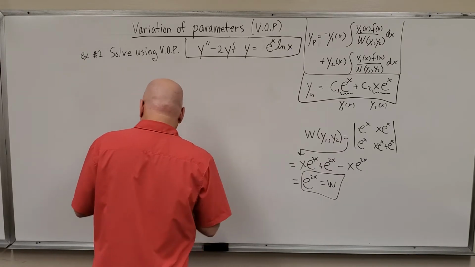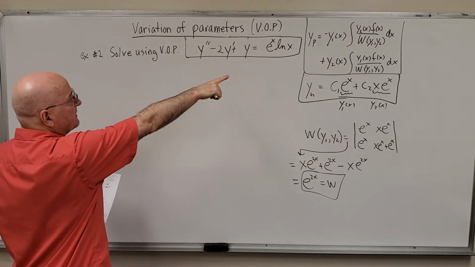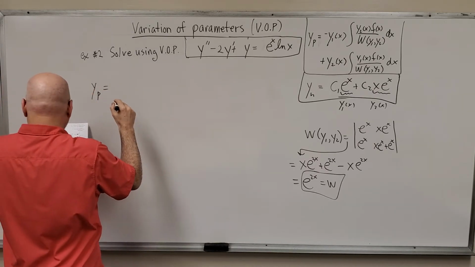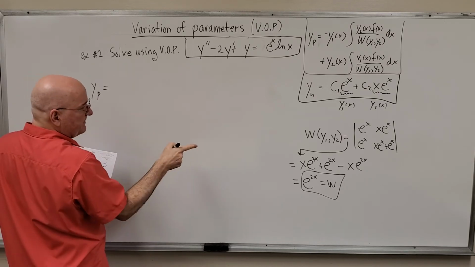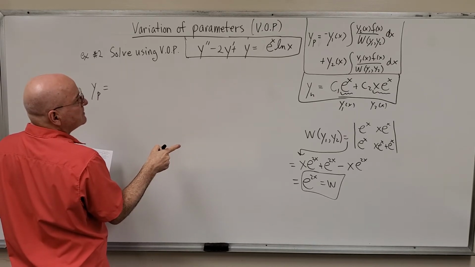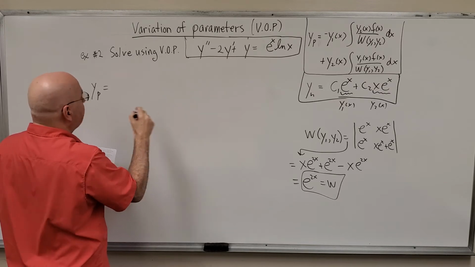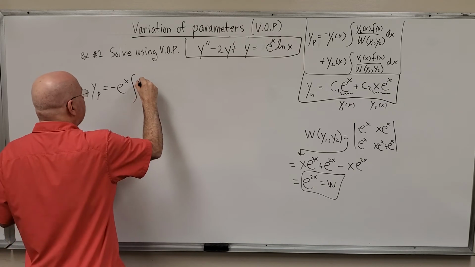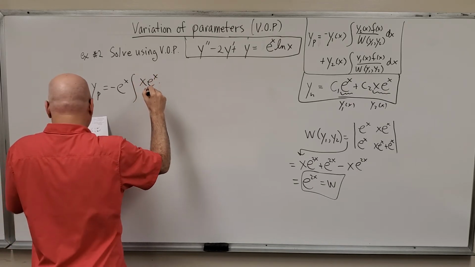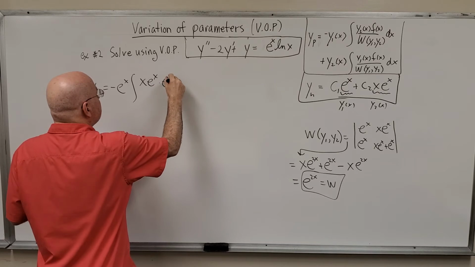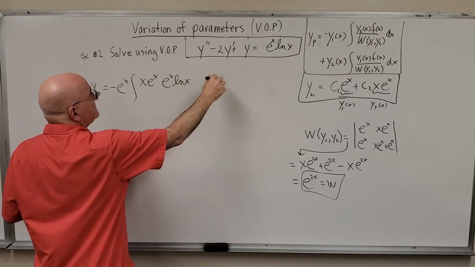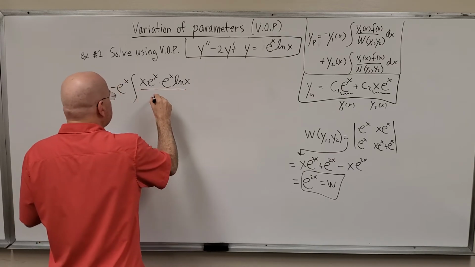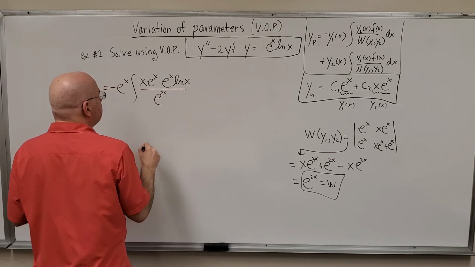Now that we know the Wronskian, we're going to use the theorem, and it tells us that yp is equal to negative e to the x times the integral of x e to the x times e to the x ln x, that's our f of x, over the Wronskian, which is e to the 2x dx.